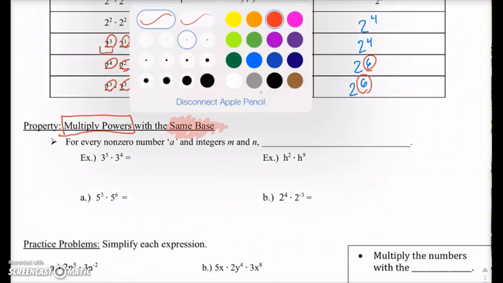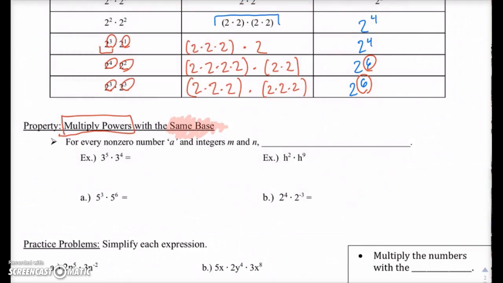Reading this right here: for every non-zero number a and integers m and n, we have our formula, a to the power of m times a to the power of n equals a to the power of m plus n.